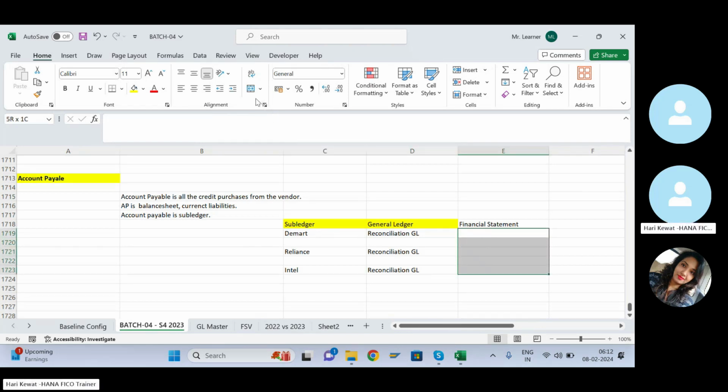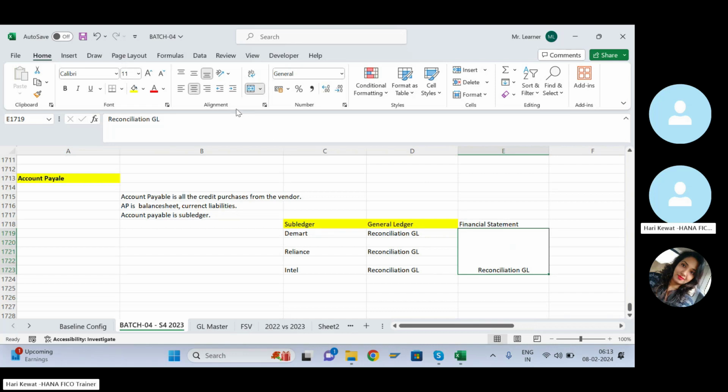Is it clear? Yes, sir. So the reconciliation GL balance goes in the balance sheet, not the individual sub ledger records.